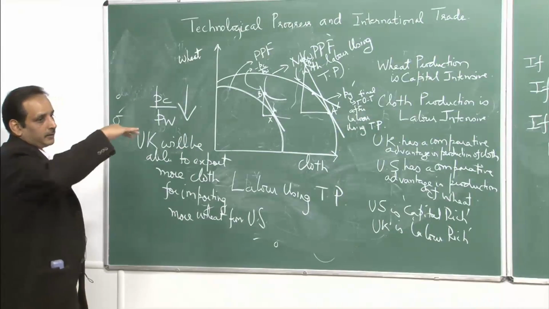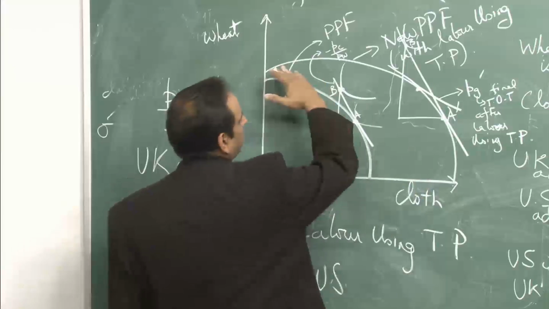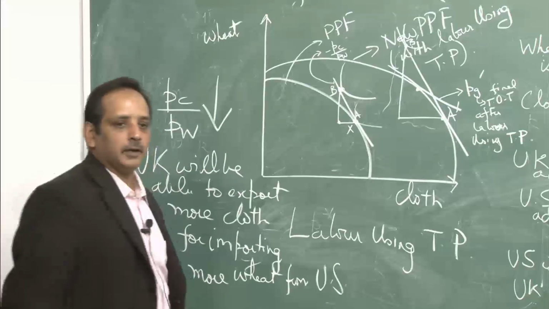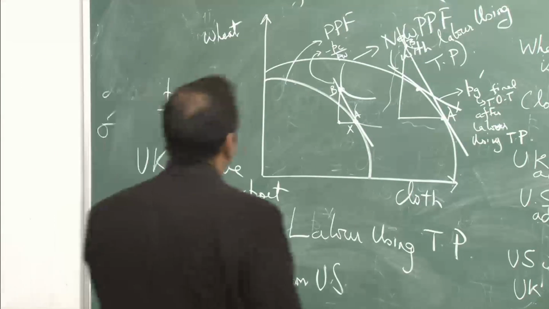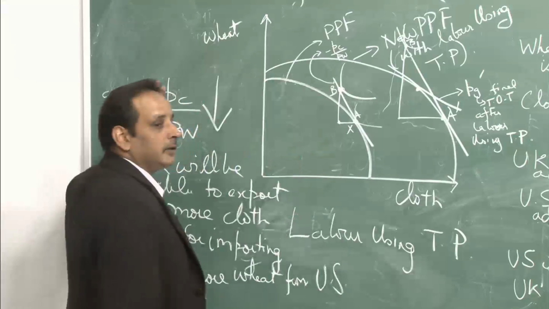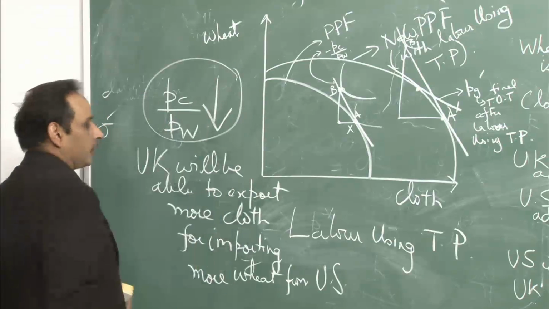Please recall that when you are talking of the production possibility frontier, if you move from left to right, the slope of the PPF goes up. So here you see a fall in the terms of trade if there is labor using technological progress.